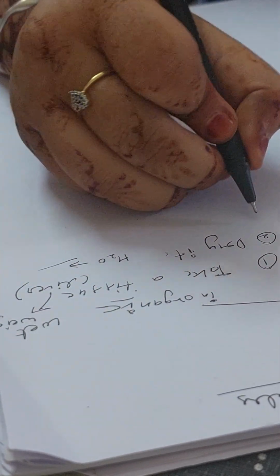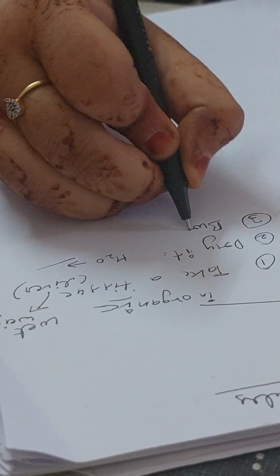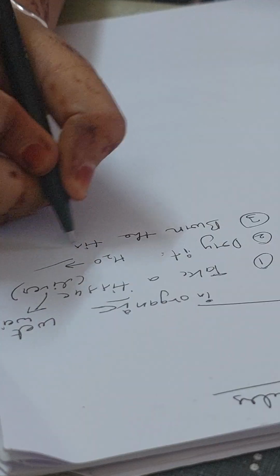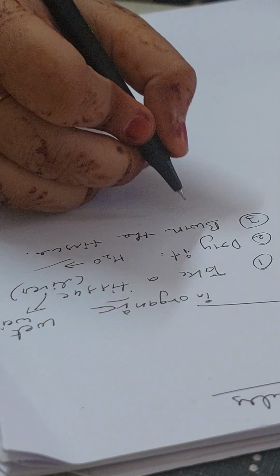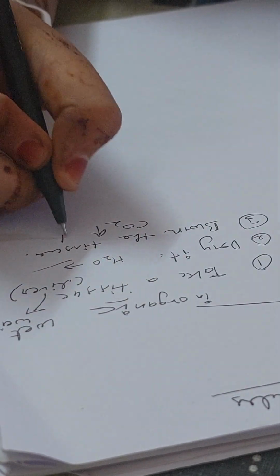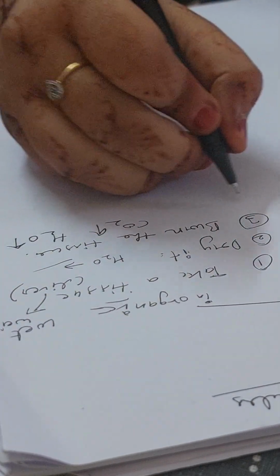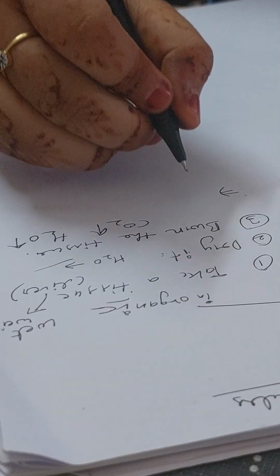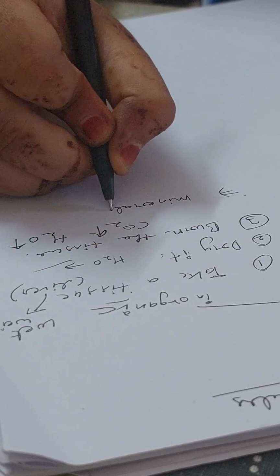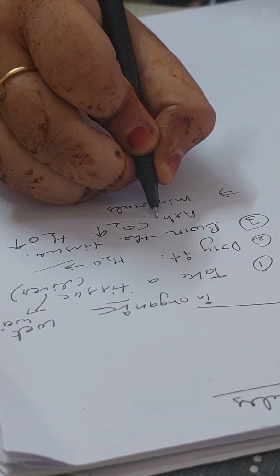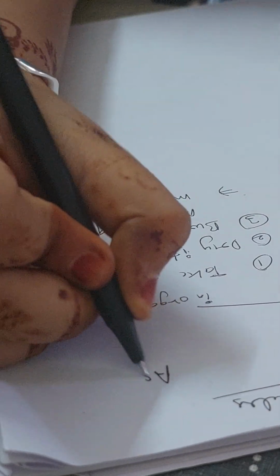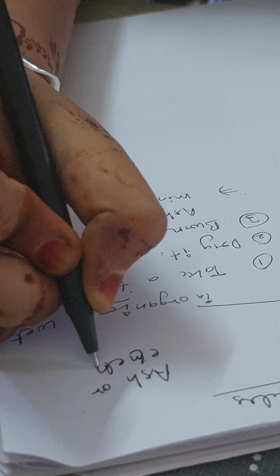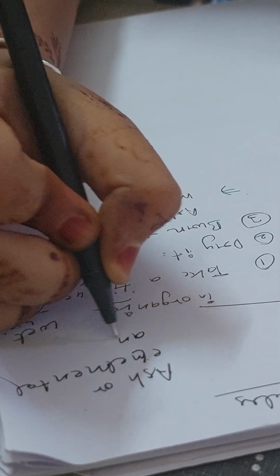The third process is to burn the tissue. If we burn it, CO2 and H2O will be removed. What we get is minerals, meaning ash.